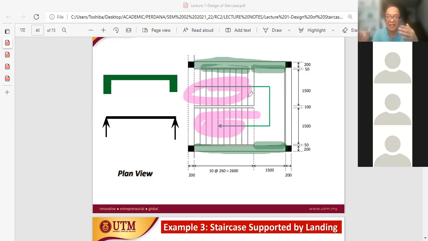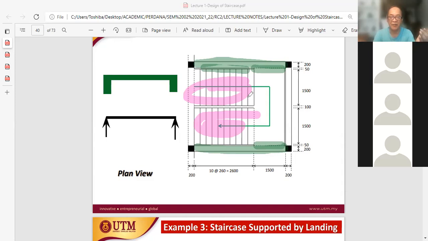And remember, bila kita ada major minor, okay, major supporting minor, landing supporting tangga. If that is the case, then when we are designing the major component, which is the landing, be sure to add the resultant forces ataupun the reaction from the staircase acting pada landing, because landing is a major, staircase is the minor.